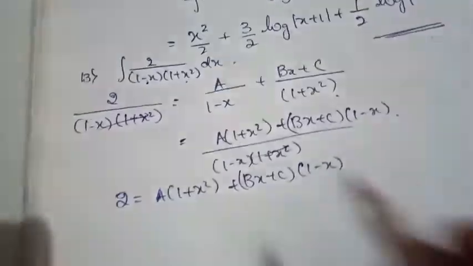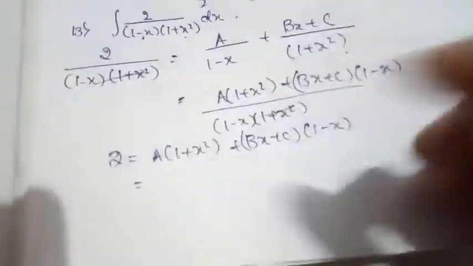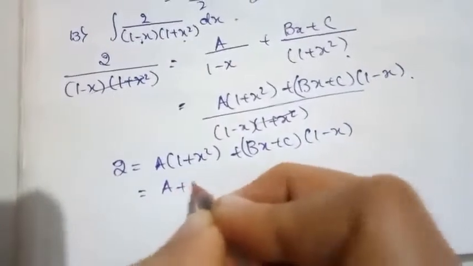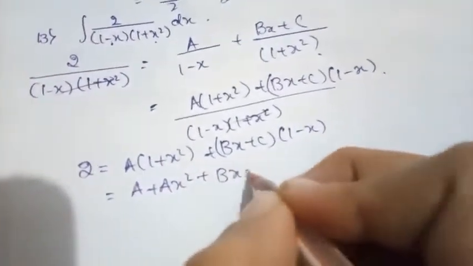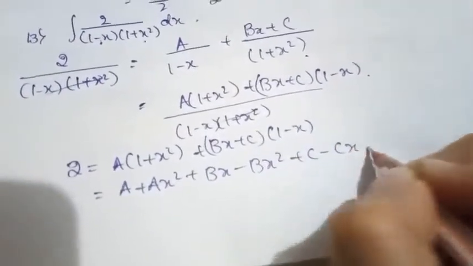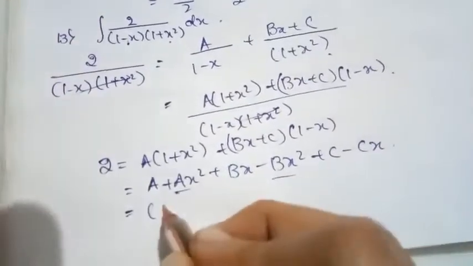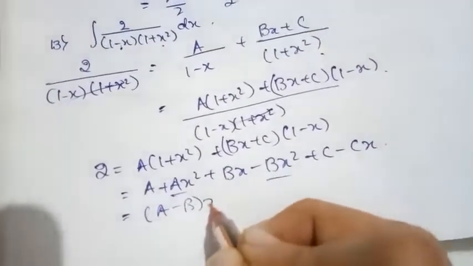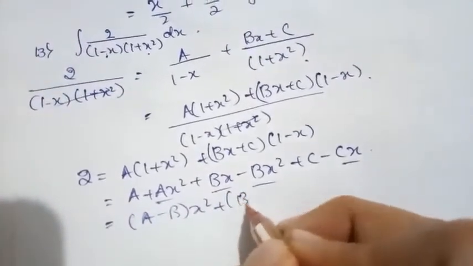To get the values of A, B, C, we compare the coefficients of x square, x and the constant term. First let us multiply: A plus Ax square plus Bx minus Bx square plus C minus Cx. What are the coefficients of x square? It is (A minus B). The coefficient of x is (B minus C).